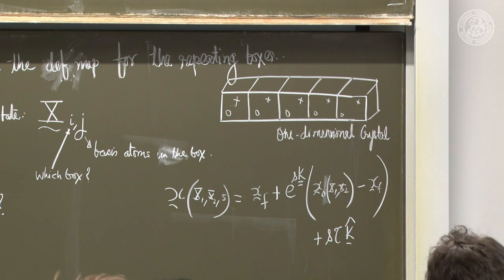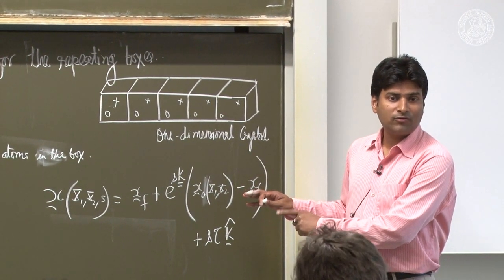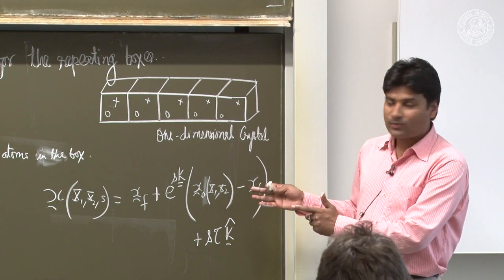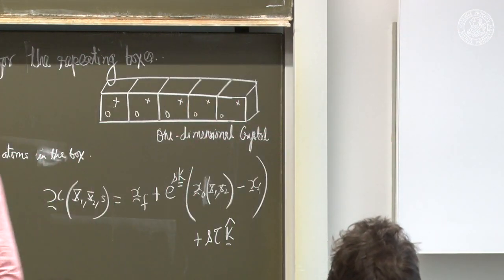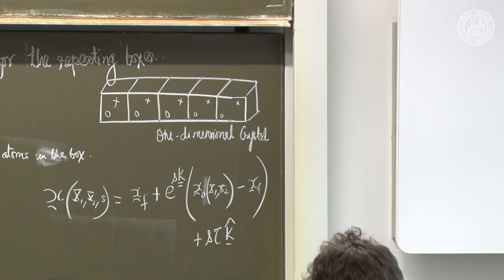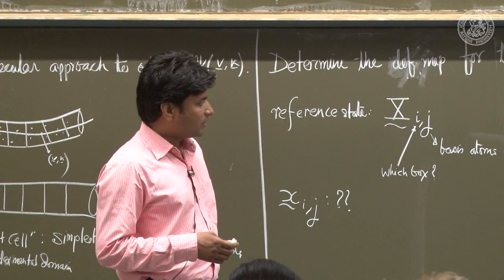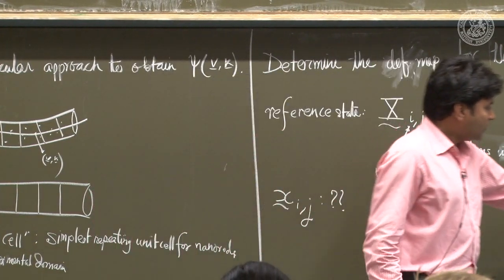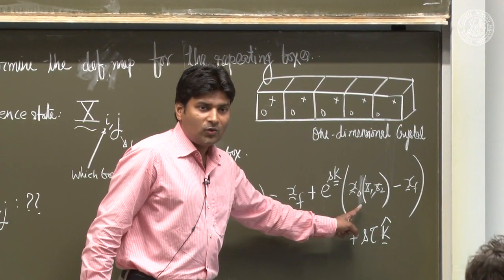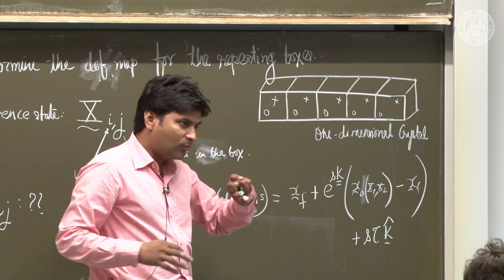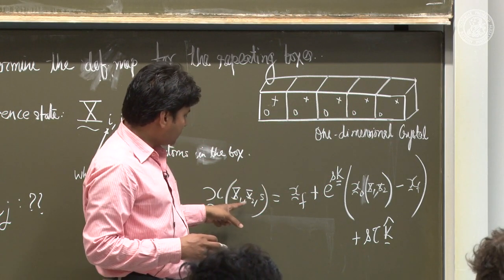So, we have to take a hint from this map, and maybe we have to find a discrete form of this map which could perhaps work for our one-dimensional crystal. Isn't it? That would be a nice thing to do. You see what is happening here? This is your cross section at s equal to 0, which you translate and rotate along the helix to obtain the cross section at any s.